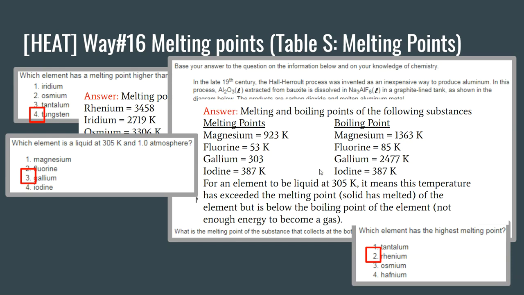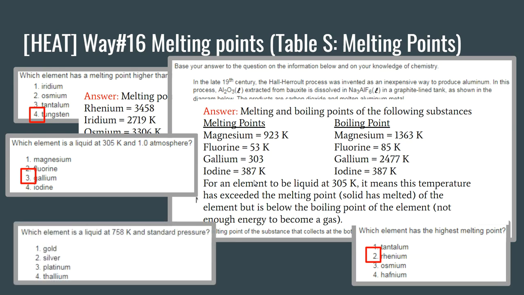At 305 Kelvin, magnesium is still a solid, and fluorine has become a gas because 305 Kelvin is way beyond fluorine's boiling point. Iodine is still solid at that point because we haven't quite reached the melting point of iodine.